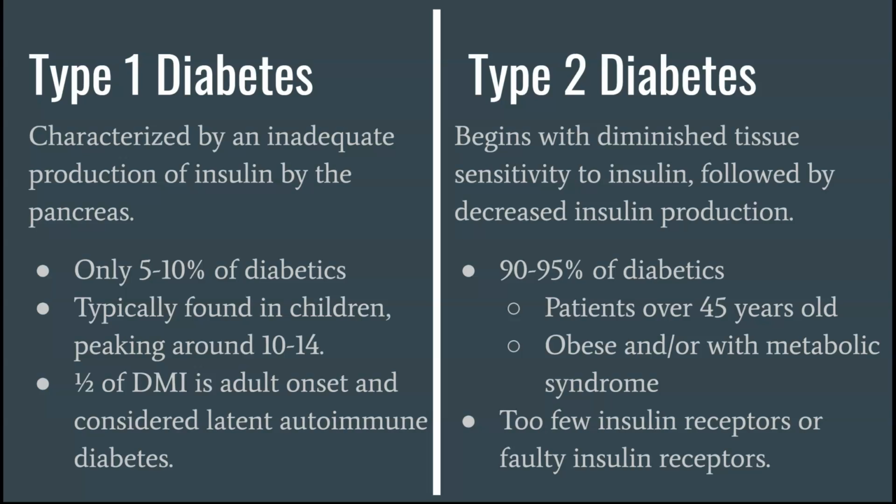It also can be caused secondary to direct trauma to the pancreas, as opposed to type 2 diabetes, which is the vast majority, especially in America, of patients who have diabetes. It's caused by either a decrease of insulin production or an increased resistance to insulin. Traditionally these patients are obese, but they don't necessarily have to be obese.